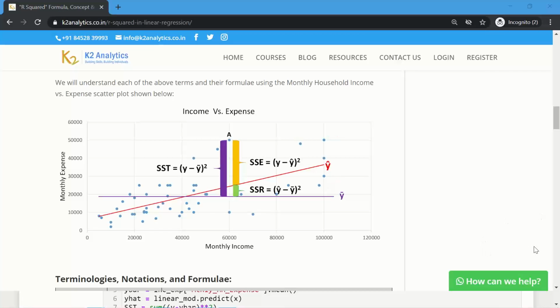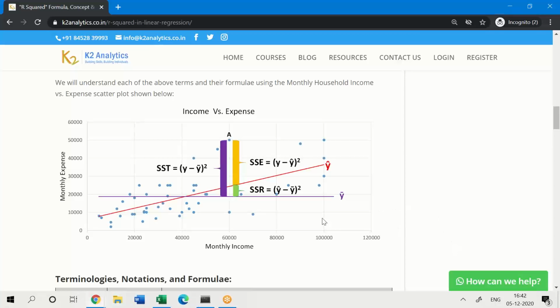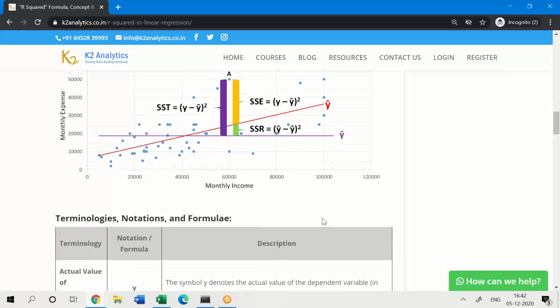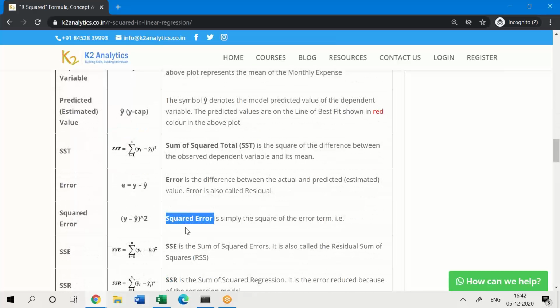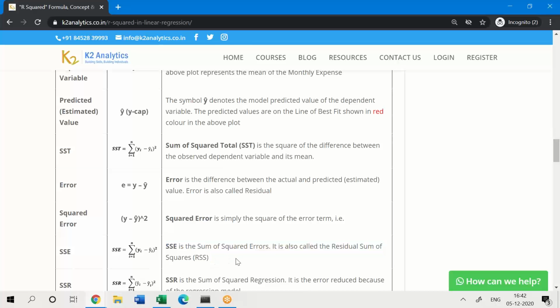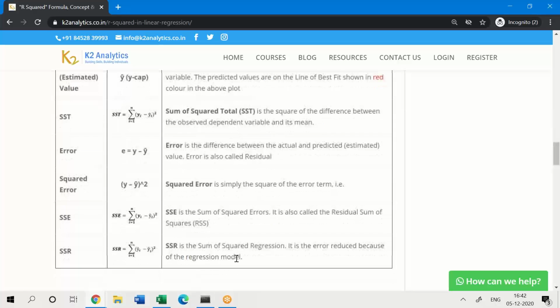When we do a summation, it becomes summation of y minus y cap the whole square, and that is called sum of squared error. That is represented here. Another terminology is residual sum of squares.